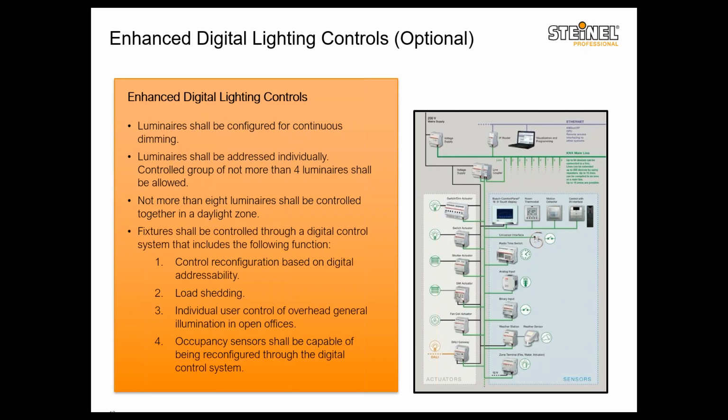Before going into details of this topic on this slide, enhanced digital lighting controls, I have to give a little background of where this requirement comes from. So the main topic of lighting controls is in section C405 of the code.